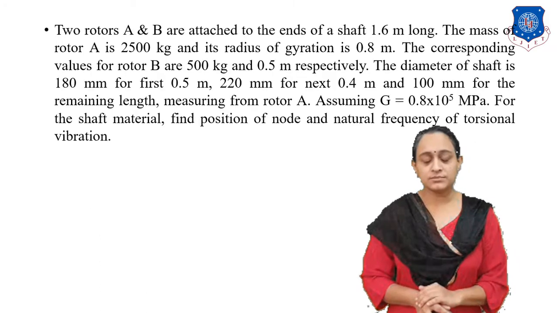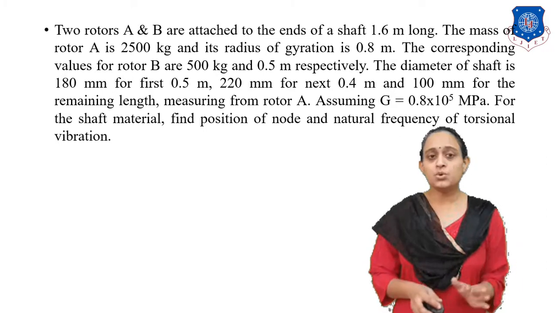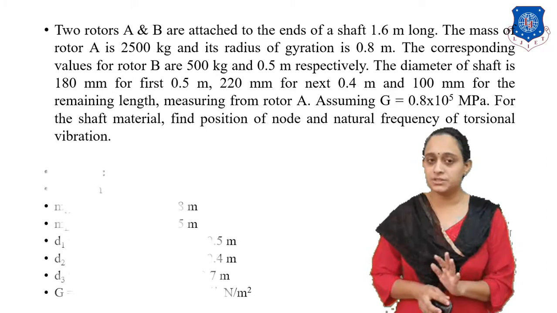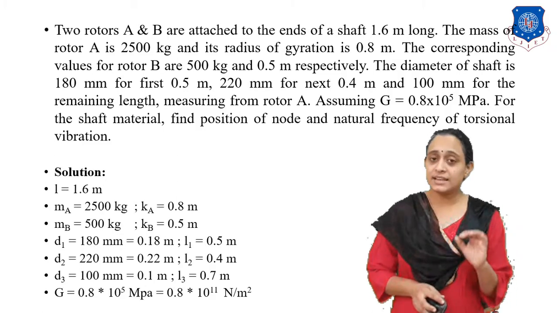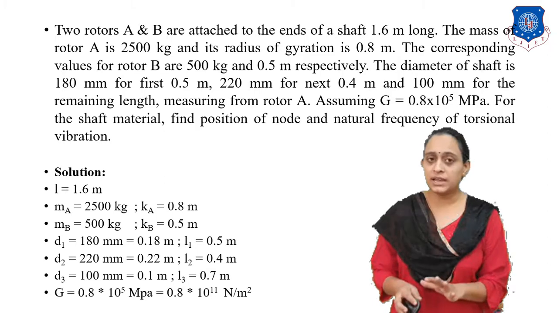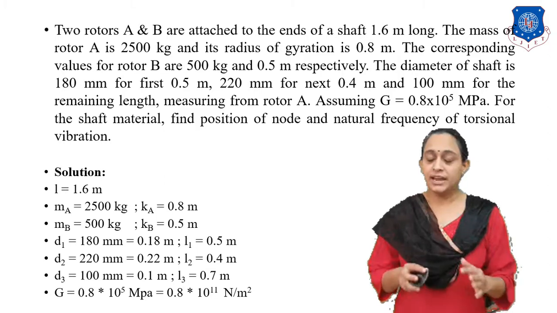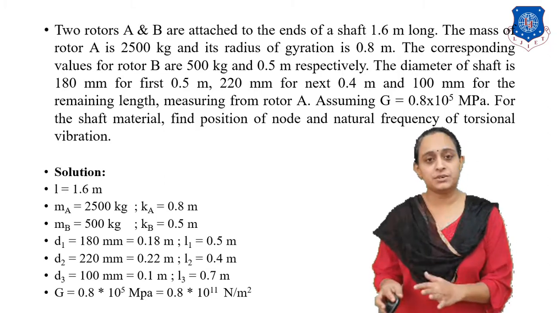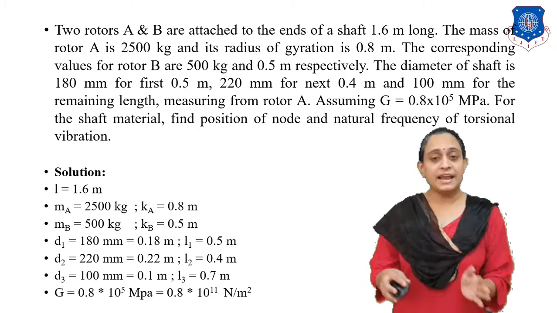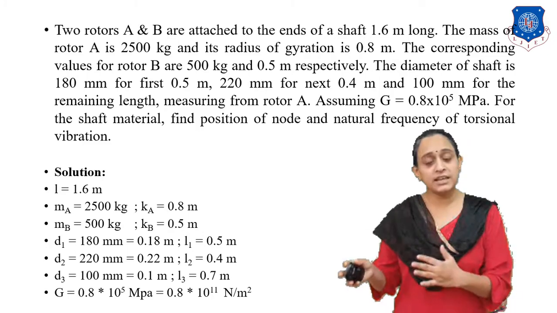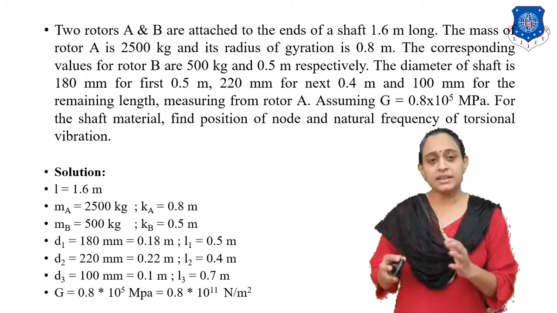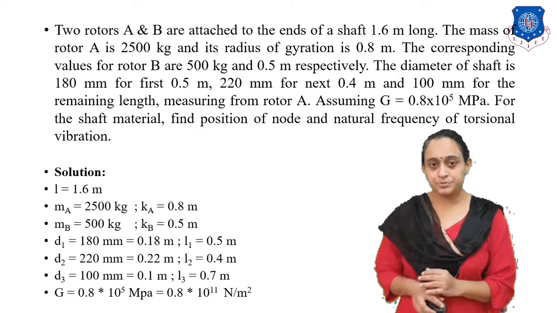For the numerical, the data is: two rotors A and B attached to the end of a shaft 1.6 meter long. It means length L is given to us, which is 1.6 meter. The mass of rotor A is 2500 kg and radius of gyration is 0.8 meter. Corresponding values of rotor B, it means the mass and the radius of gyration, are 500 kg and kb is 0.5 meter.